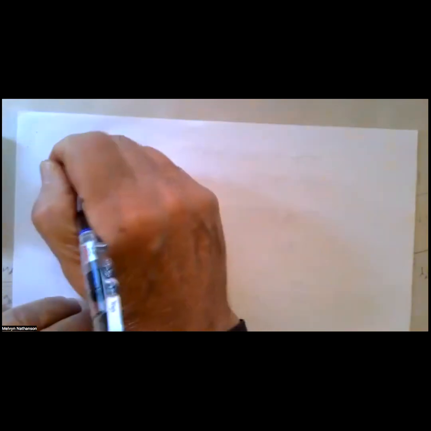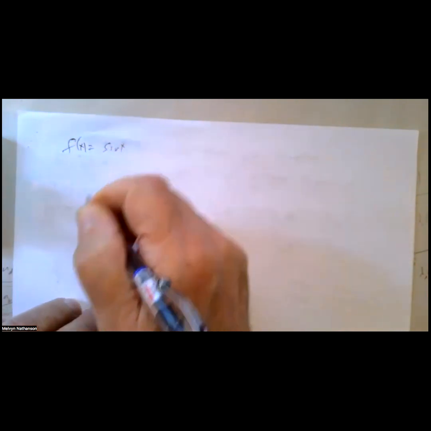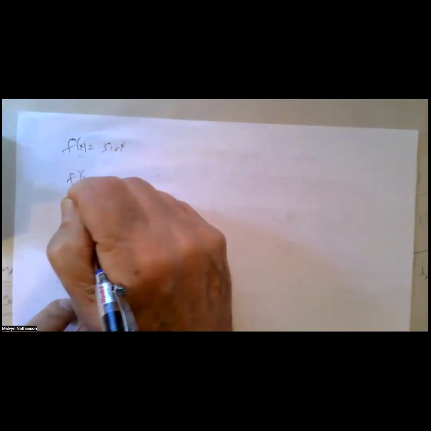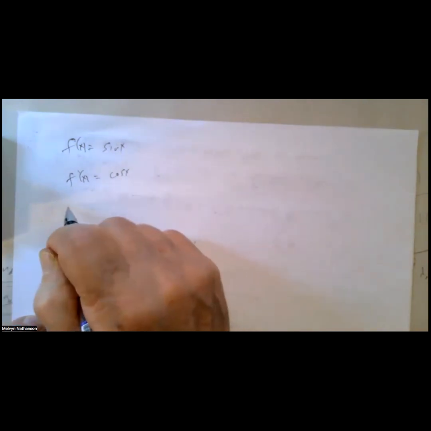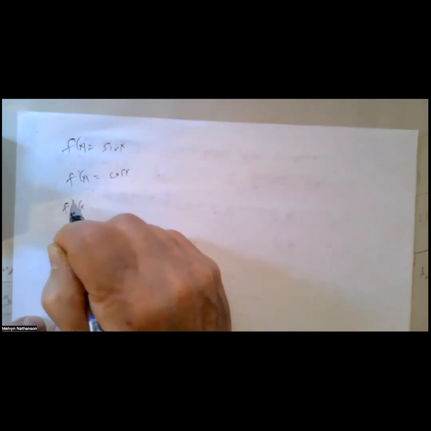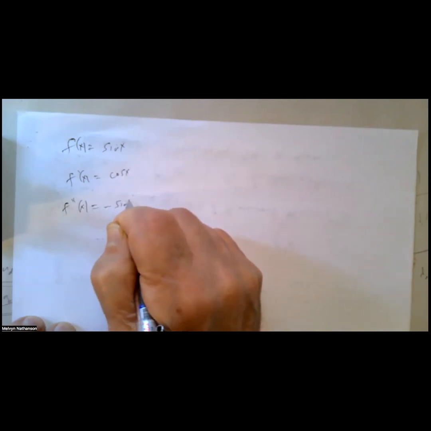Let's look at an example. Suppose f of x is sine x. The first derivative is cosine x. The second derivative, you differentiate the cosine, you get minus the sine.